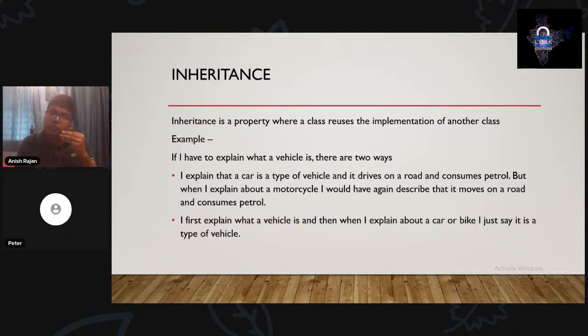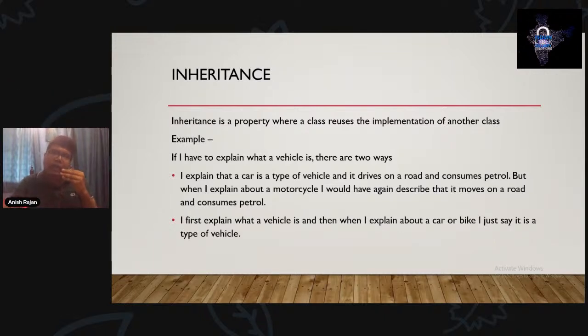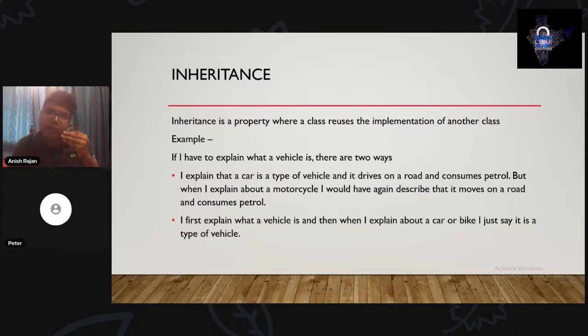I explain to him that a car is a vehicle, it drives on the road and consumes petrol. But now when I need to explain a motorcycle, I again have to give the same description: a motorcycle is also a vehicle, it moves on the road, it consumes petrol.